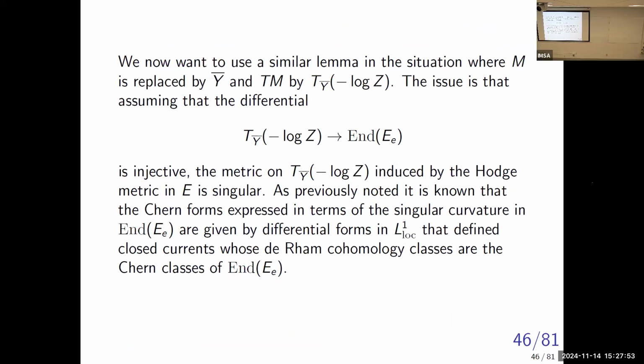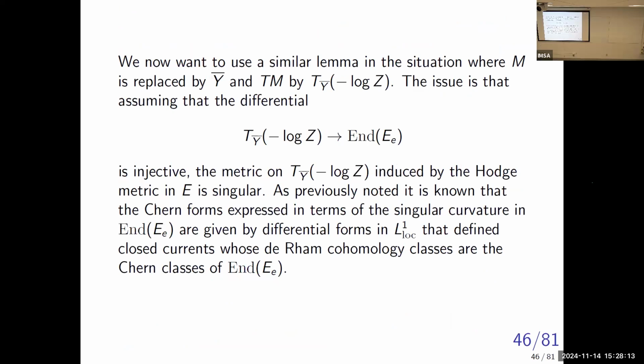Right. So that's a general statement about any vector bundle, any of the Hodge bundles. What about the tangent bundle itself? So not a Hodge bundle itself, but the tangent bundle. It still has a metric induced from the Hodge theory.